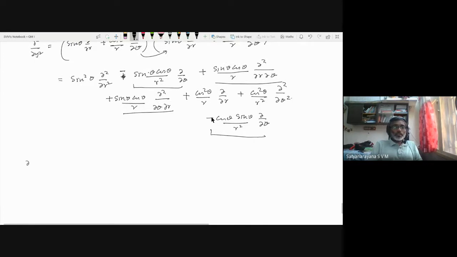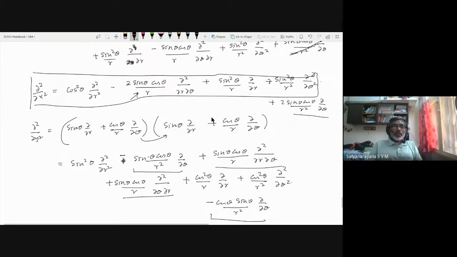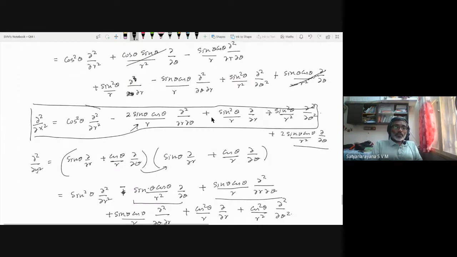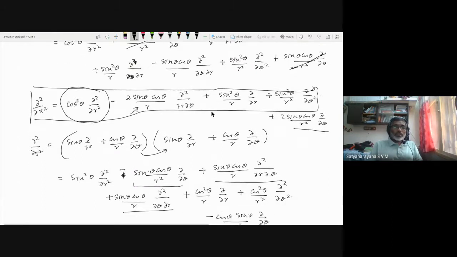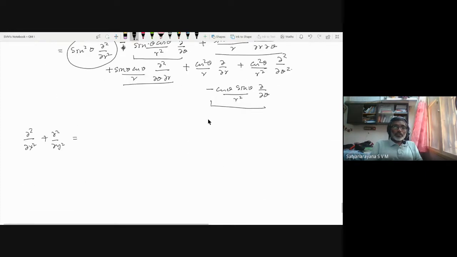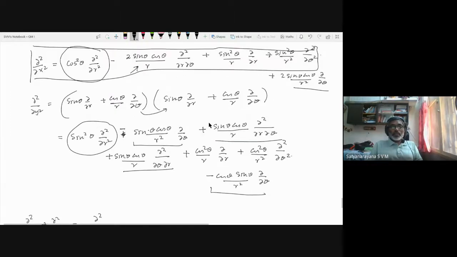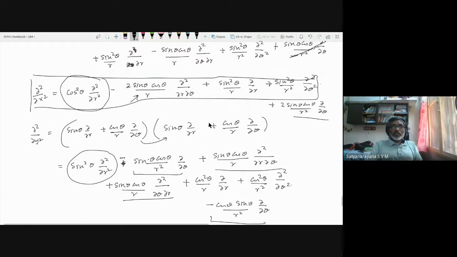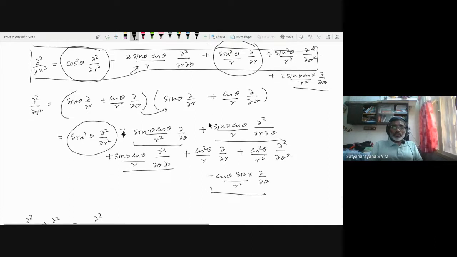So when you add del square by del x square plus del square by del y square, then you have cos square theta into del square by del r square plus sin square theta into del square by del r square. These two terms will give you del square by del r square. Cos square theta plus sin square theta is 1. In the same way, you have sin square theta by r into del by del r and cos square theta by r into del by del r.